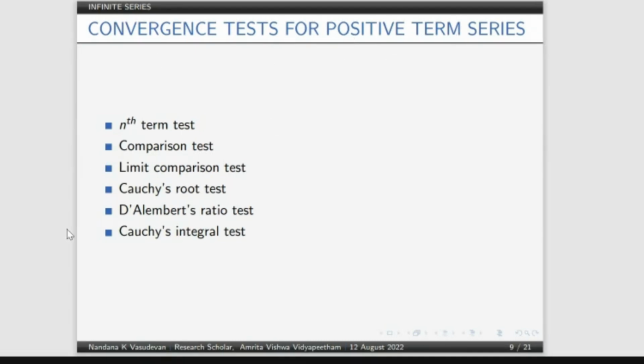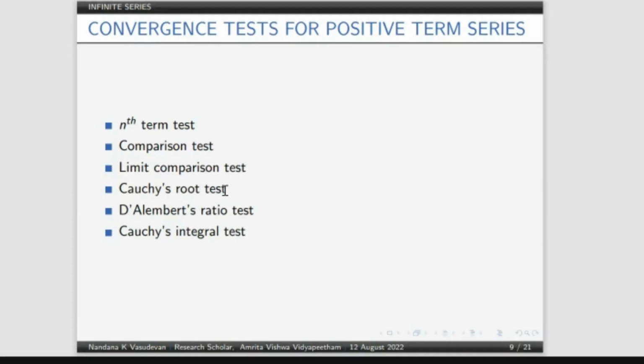So we are talking about the convergence tests for such series. I'll be mainly focusing on these tests: the nth term test, comparison test, limit comparison test, Cauchy's root test, D'Alembert's ratio test, and Cauchy's integral test. There are other convergence tests, like tests which are used when the root test or ratio test fail.